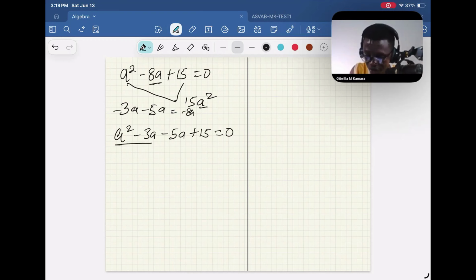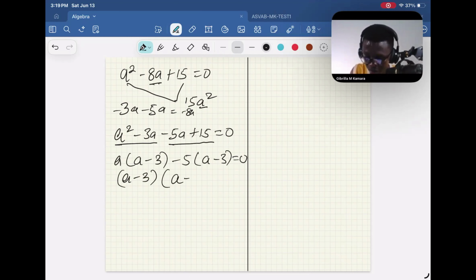So we factor this and this. This becomes a(a - 3) - 5(a - 3) = 0. What is common here is a - 3, and what is left is a - 5. Everything equals 0.